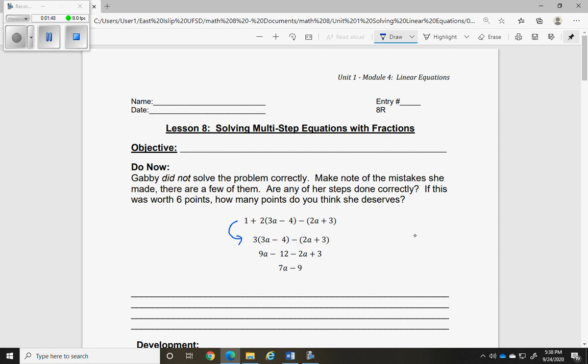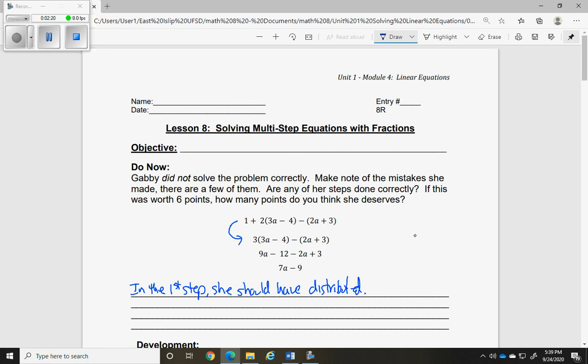It says make notes of the mistakes and are any steps correct. So the first step, she should have distributed. Right? Even like the order of operations says that you have to do parentheses. Adding comes way later in the order of operations.